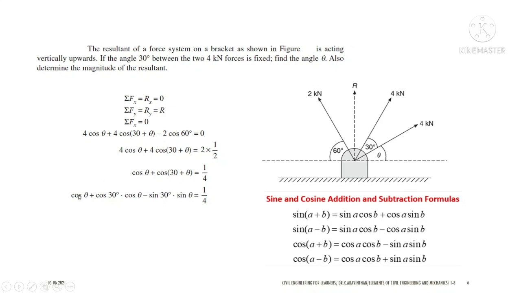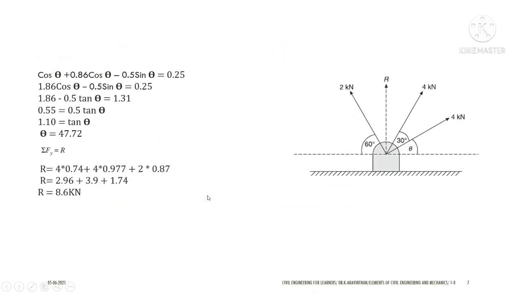Now cos theta we have written here, cos A cos B and sin A sin B is written here, equal to 1. Now we know that cos 30 we can write as 0.86 into cos theta minus sin 30, which is 0.5, into sin theta, equal to 1 by 4, which is 0.25.